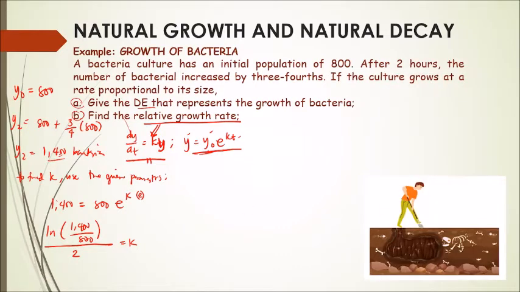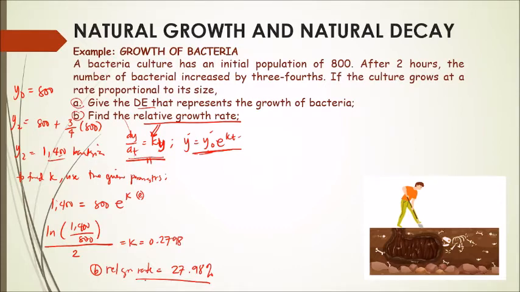Now, k is 0.2798. Again, as mentioned, this is our relative growth rate. So, the relative growth rate should be in percent. So, our B here, the relative growth rate, is equal to 27.98%. When you say growth rate, it is the formula.